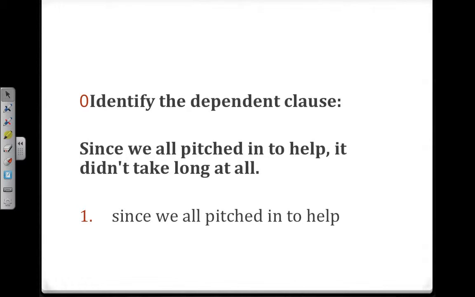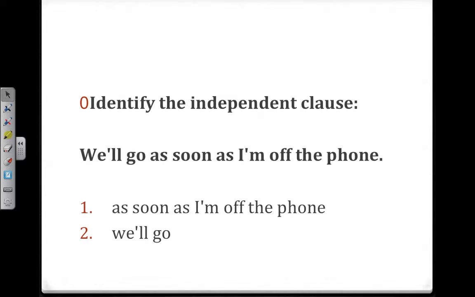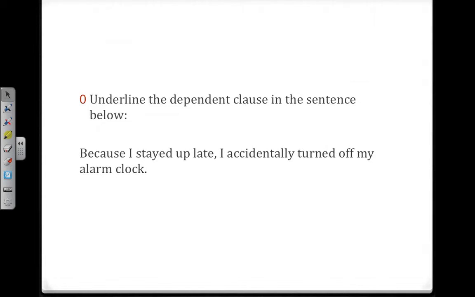I have lingering questions, and therefore I know that this is a dependent clause. We'll go as soon as I'm off the phone. The independent clause here, though it may not look like it, is we'll go. It has a subject, we, and it has a verb, will go. It expresses a complete thought, and therefore it is the independent clause.